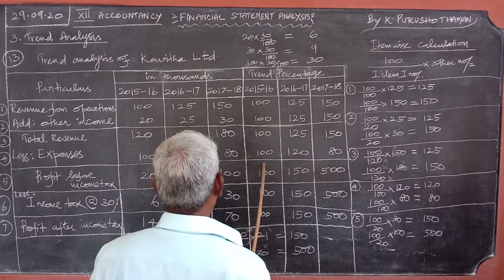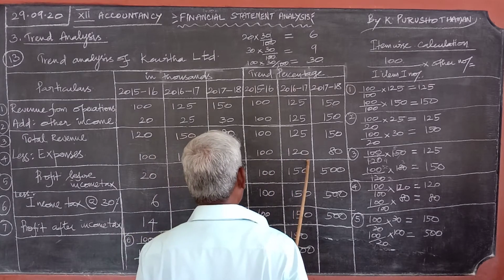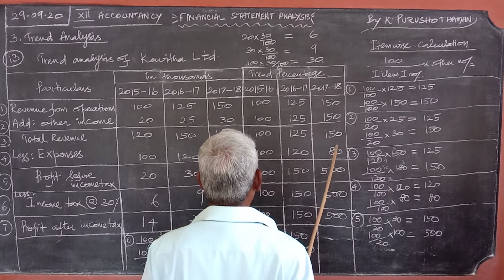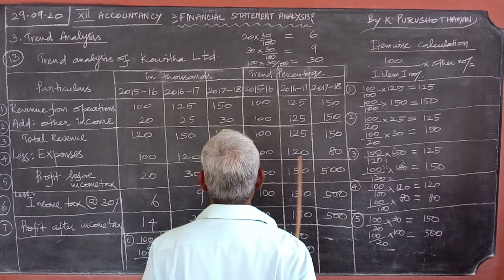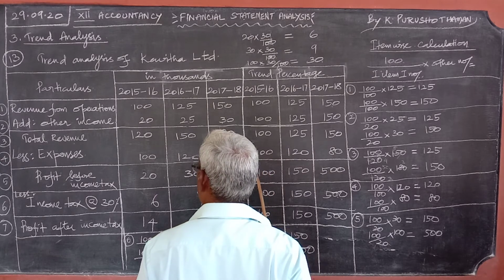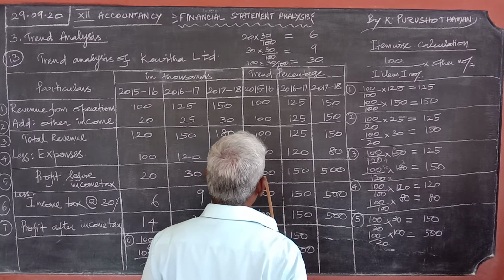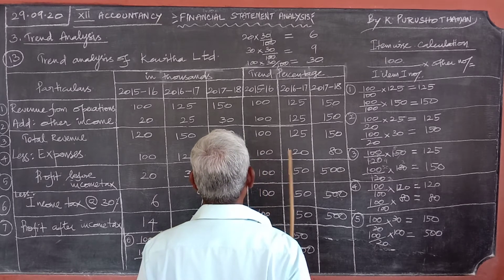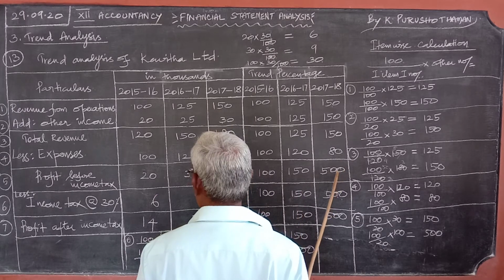Only for expenses, the first year is 100, the second year is increasing, the third year is decreasing. Bear it in mind. This is the trend percentage. And the fifth item, profit before income tax: first year 100, second year 150%, third year 500%.